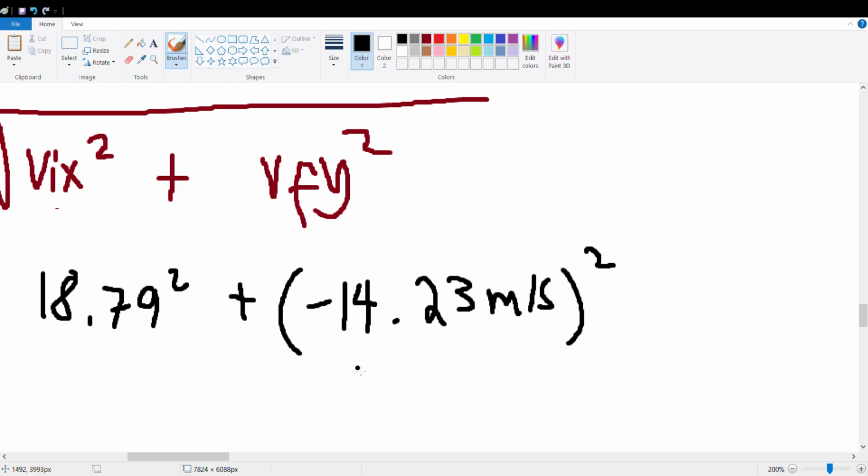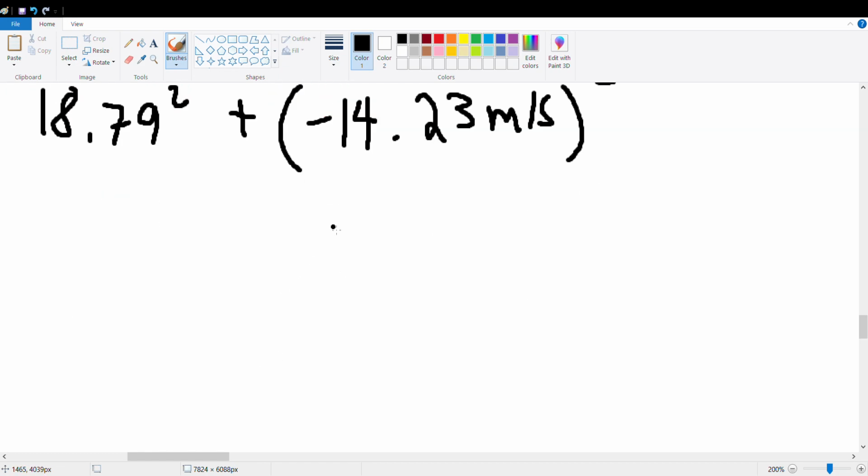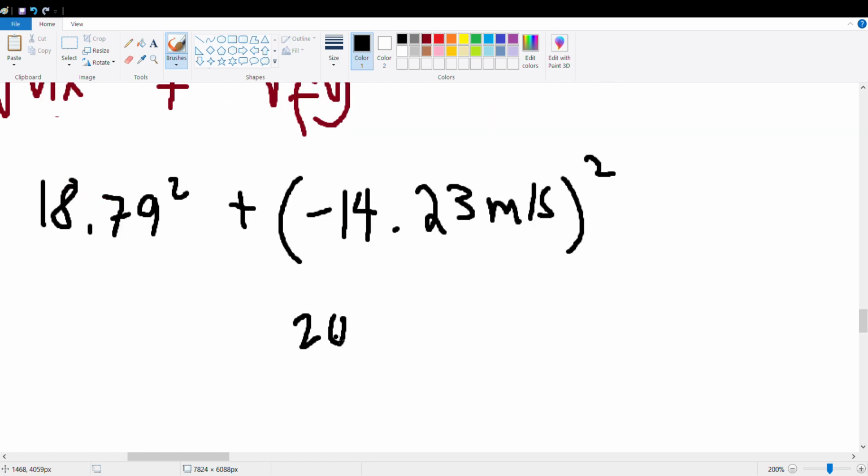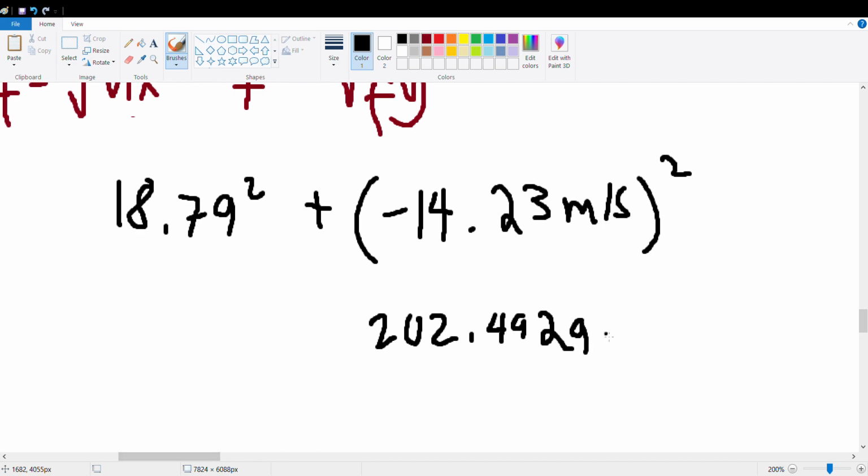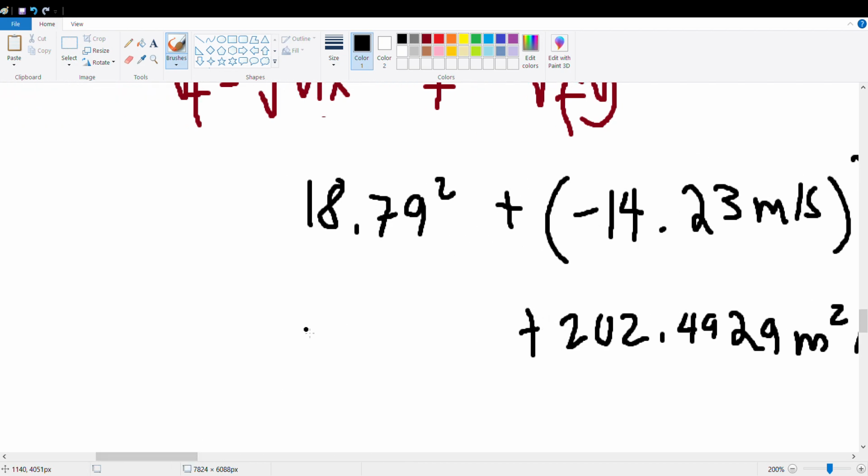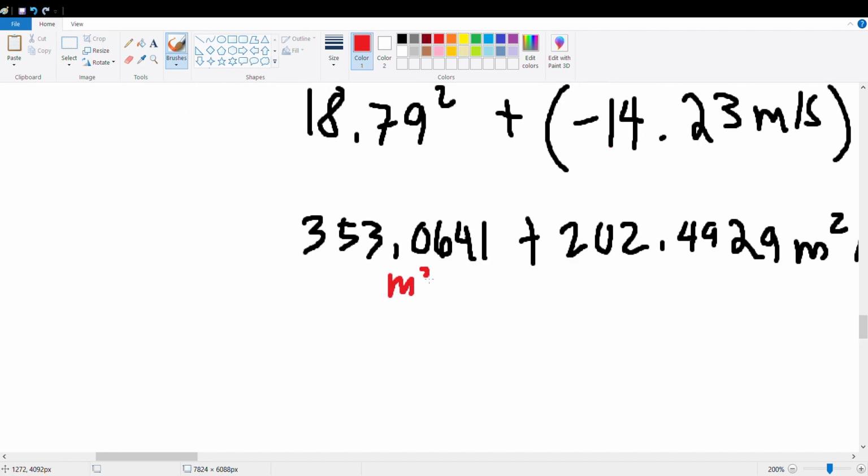So it would give you 202.4929 meters squared per second squared plus 30.0641 meters squared per second squared again, and then we square root that.